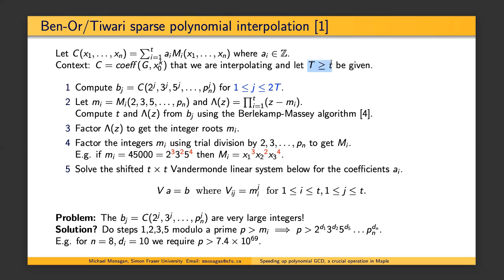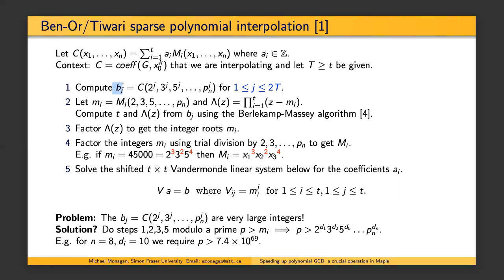Ben-Or and Tiwari assume that you're given a term bound, capital T, on little t, the number of terms of C. In practice, we won't have such a term bound, so one needs to modify this algorithm in order to also determine what little t is. Again, little t is the number of terms in C. So the algorithm goes as follows.